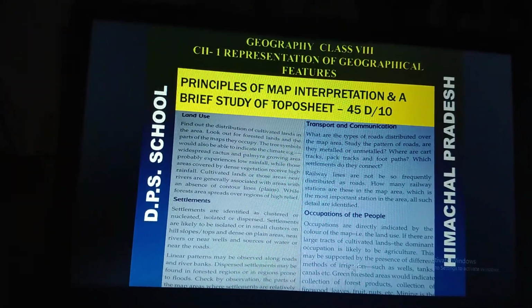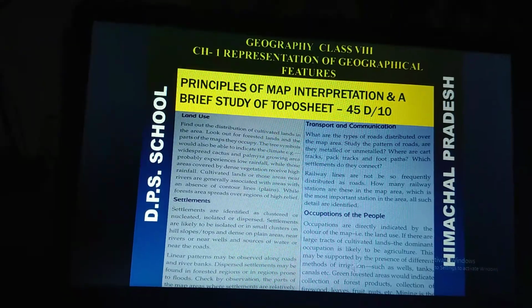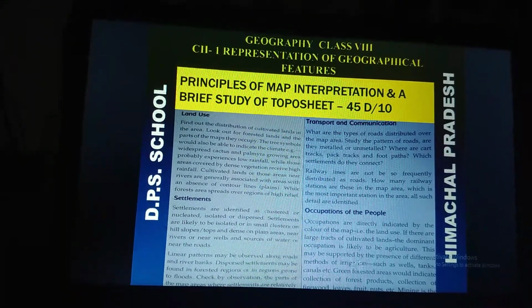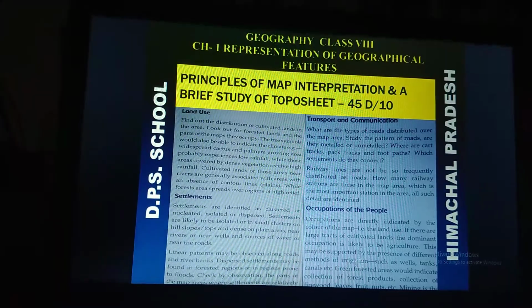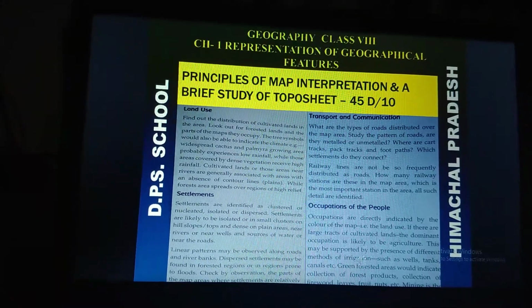They would indicate the collection of forest products, the collection of firewood, leaves, fruits, nuts, etc.